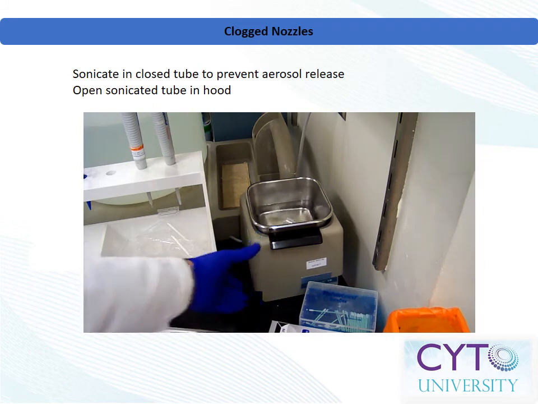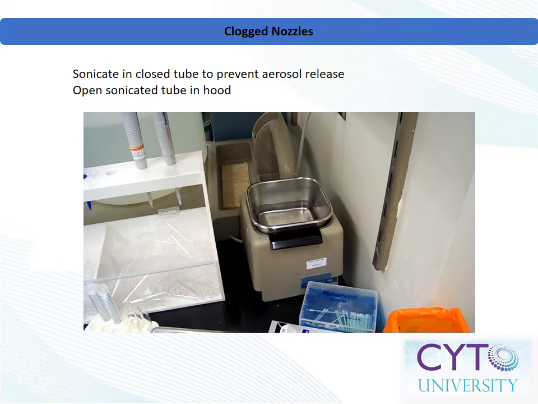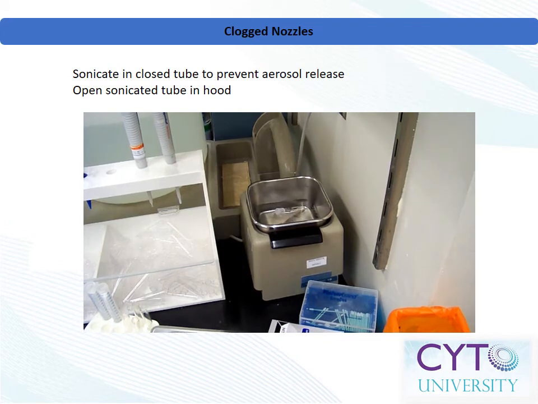Remove the tube and nozzle from the water bath sonicator, and again, follow standard operating procedure before opening the tube in order to avoid exposure to aerosols created during sonication. Drain the water and nozzle onto a lint-free absorbent wiper, inspect the nozzle's O-ring, reinsert the nozzle, and check and adjust the stream as needed.